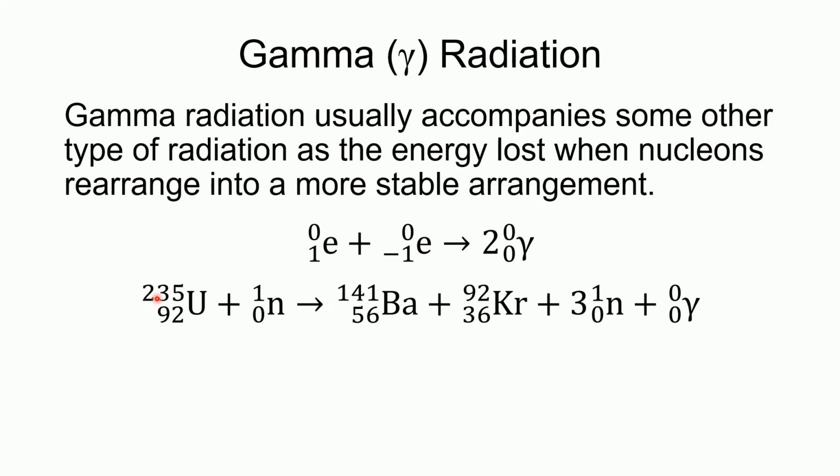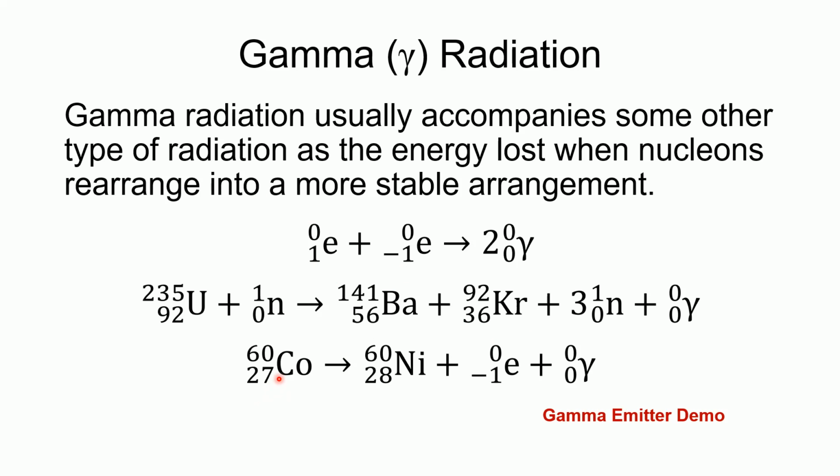Again, you'll notice that 235 plus 1 is 236, and that is equal to 141 plus 92 plus 3. And the number on bottom, 92, is equal to 56 plus 36.